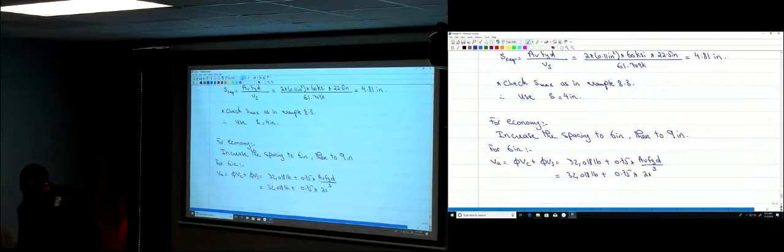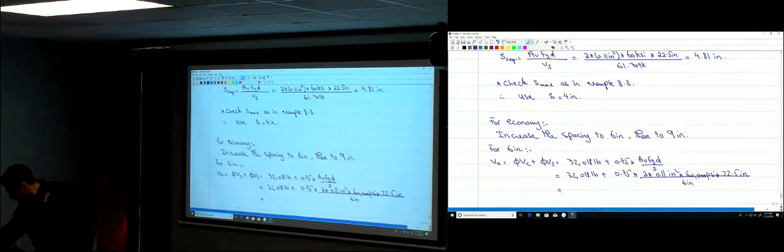Av is 2 times 0.11 inch squared, times 60,000 psi multiplied by d, which is 22.5 inches, divided by s, the spacing, which is 6 inches. So the strength for 6 inches of spacing is 6,943 pounds.